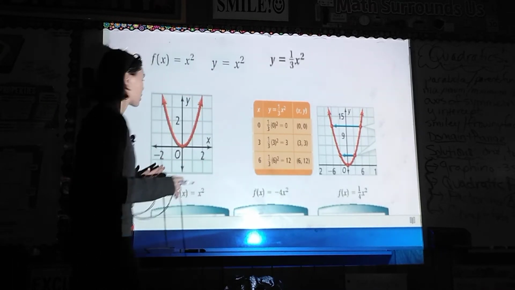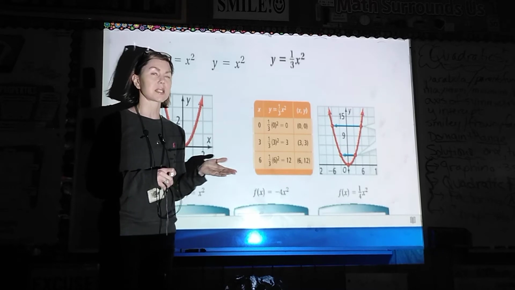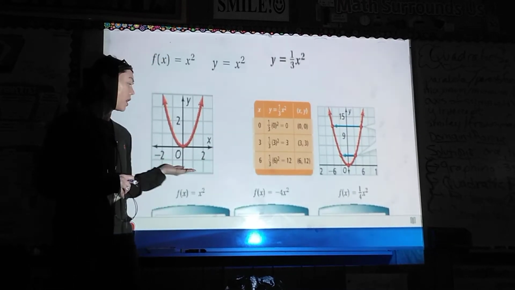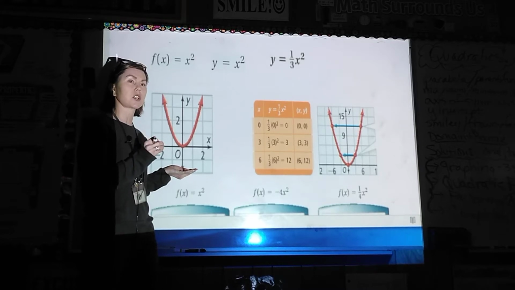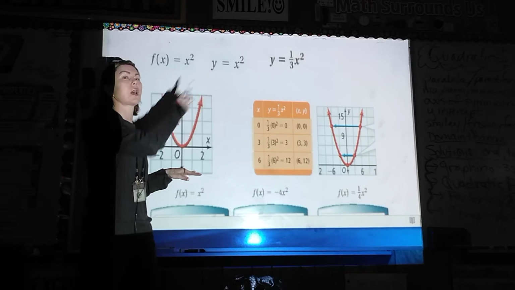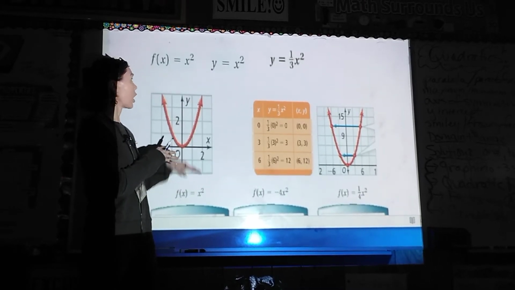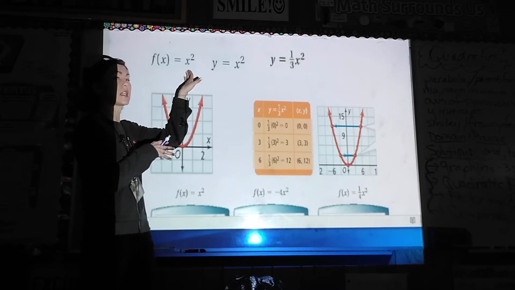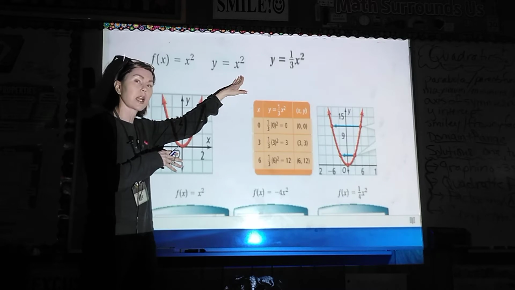So this could be like an easy 2, 3, or 4 points on the EOC for you guys. Okay, so I want to bring you back to our first lesson in quadratics when I talked to you about the parent function and why I called it the parent function, because all the other graphs are compared to this parent function. So I showed you that f of x equals x squared, which means the same thing as y equals x squared.